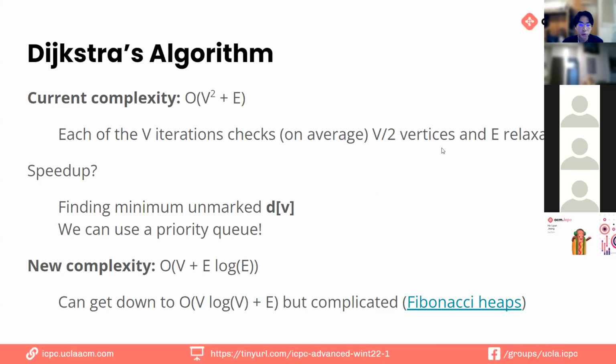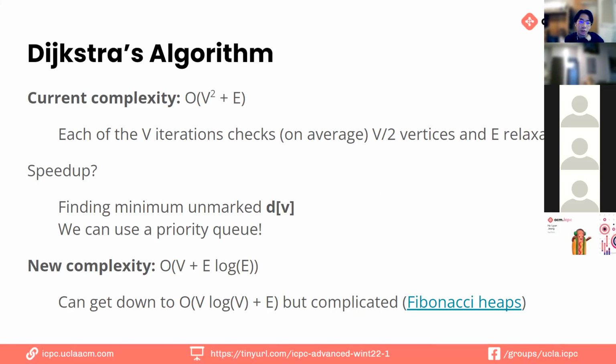All right. So what is the complexity of this algorithm? Because in competitive programming, we want to know if our programs can run in time with the problem constraints that we have. So for this naive implementation, the complexity is going to be V squared plus E. That's because there's a for loop for all the vertices.